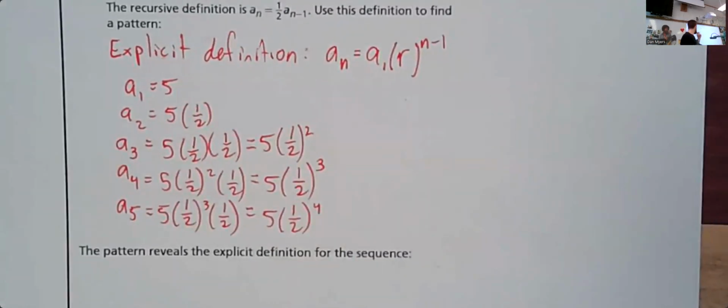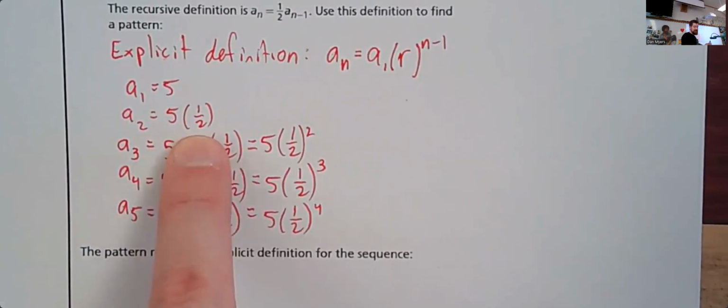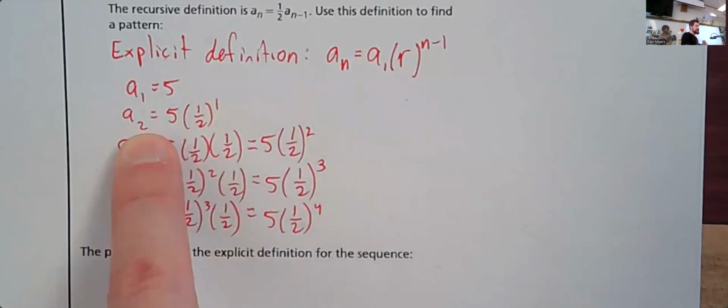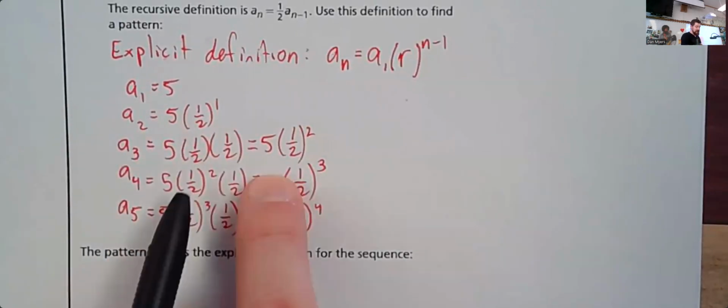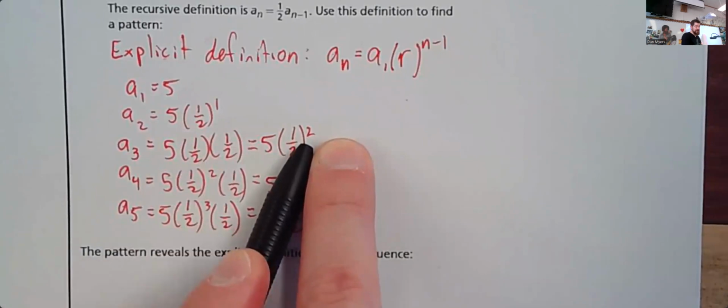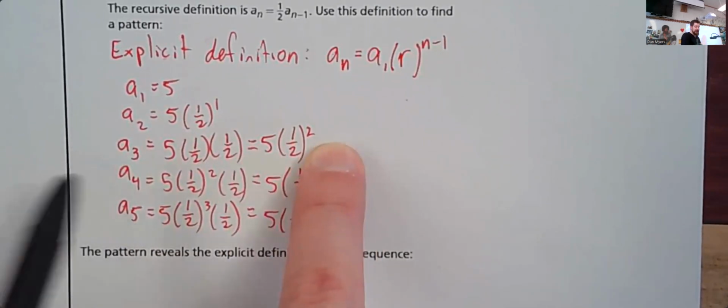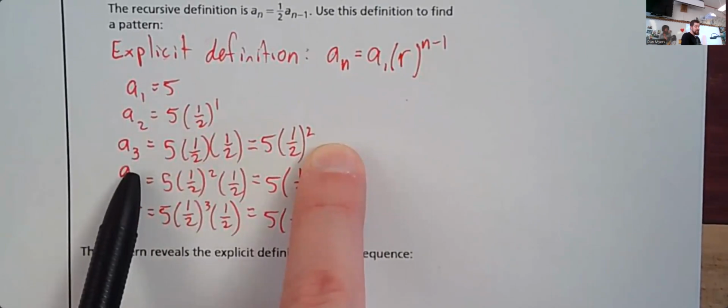This should make pretty decent sense, because if we start here, 5 times 1/2, that would be 1/2 to the 1st power, so the exponent is equal to 1 less than the term number. Right here, the exponent is squared. So we've got our first term multiplied by the common ratio to a value of n minus 1.